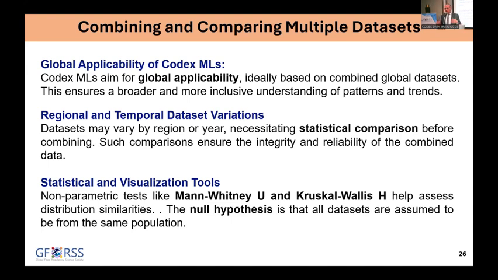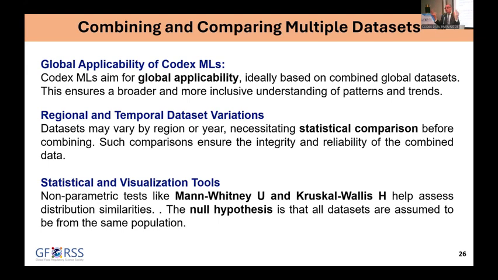When you generate your data from country A and country B, before you combine the two for global assessment of ML, you should verify that those data sets are comparable, are similar statistically. I'm not talking about them having the same numbers. I'm talking about whether you can combine them.